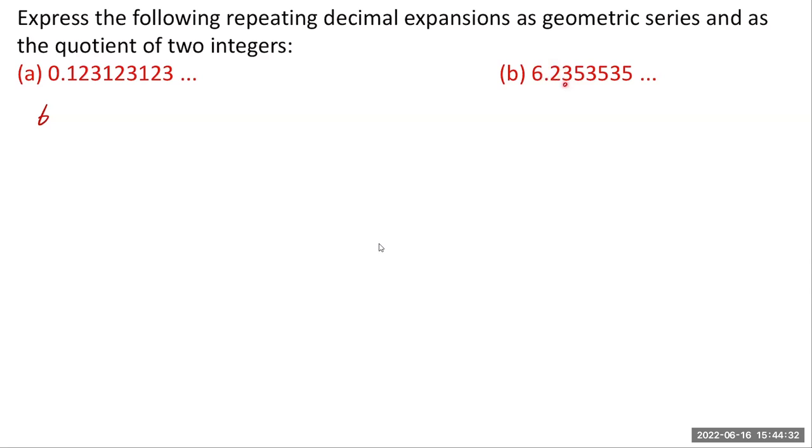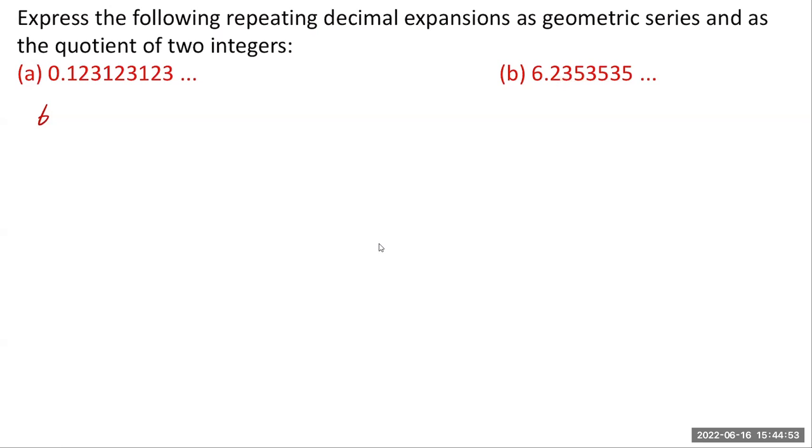Always 3, 5, 3, 5, 3, 5 are repeated, so the repeating unit is 3, 5. I always want my decimal place to be right in front of this first repeating unit, so I need the decimal place here.